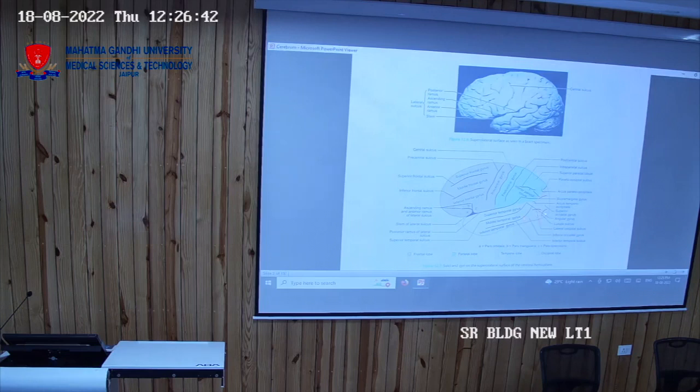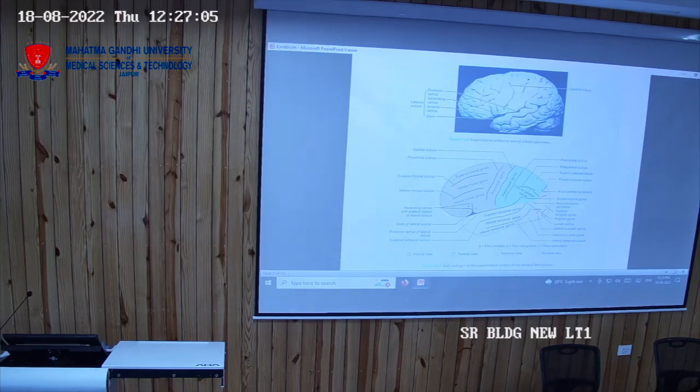Look here, this is called the lunate sulcus, lunar shape. I am talking of this. The lunate sulcus is present anterior to the occipital pole, and just anterior to this, there is the transverse occipital sulcus.